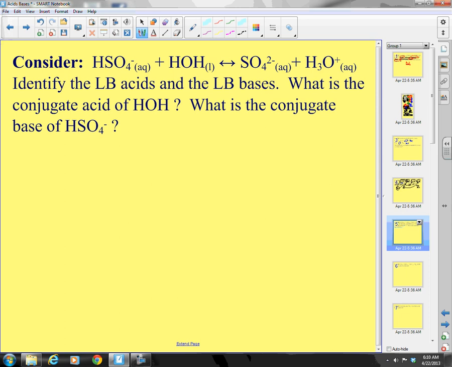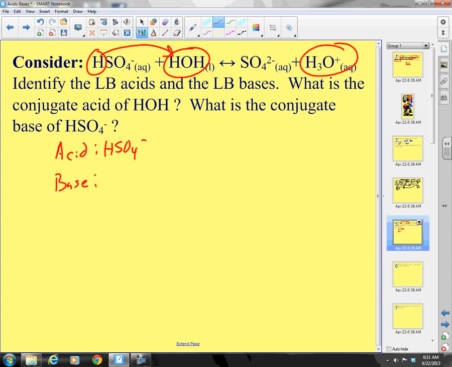Well, we want to follow the flow of the hydrogen. Notice over here, I start here with water. I end with H3O plus hydronium, so what must happen? That means this hydrogen must have been donated here. Good. If that is donated, that means my acid is HSO4 minus. What is my base? What's receiving the proton? HOH. What's my conjugate base?